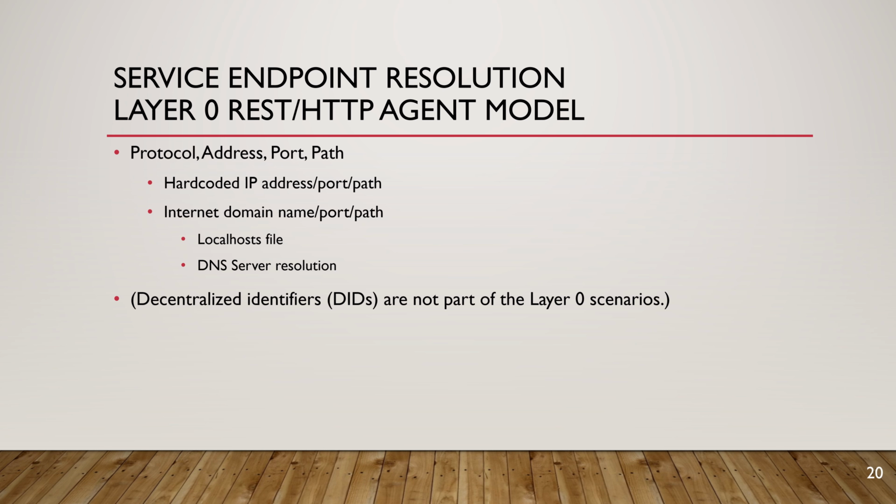But ultimately, we have to reduce things to a numerical IP address, port, and path, and of course protocol. This is true not only for layer 0, but for all the layers.